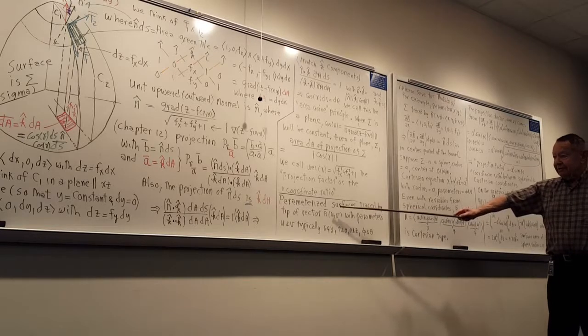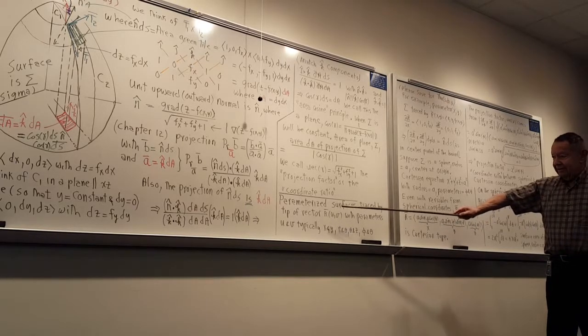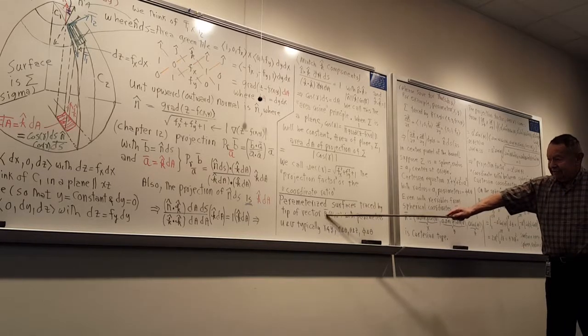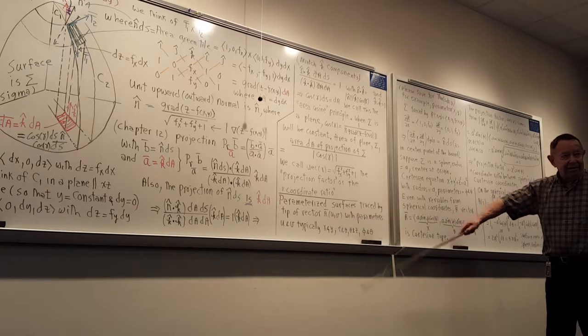So in general then, the parameterized surfaces that are traced by the tip of a vector, I'm using capital R for this vector.